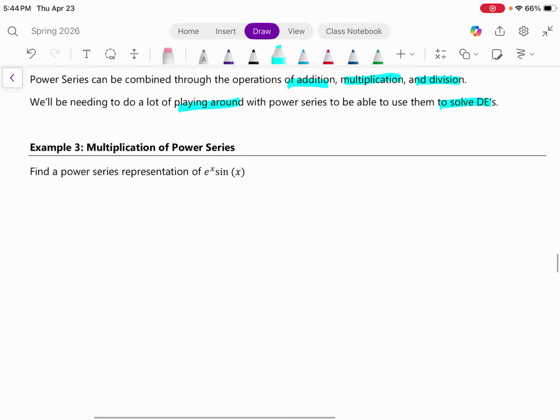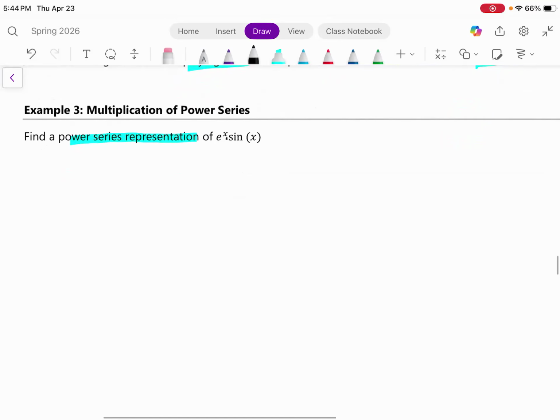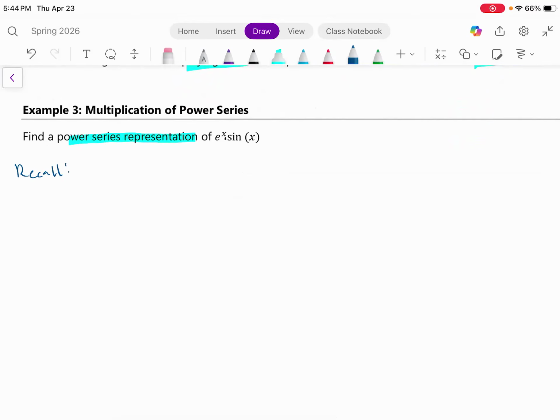We want to find a power series representation for e to the x times sine of x. So let's recall that the power series representation for e to the x, the Maclaurin series, is the sum from n equals 0 to infinity of 1 over n factorial, x to the n.